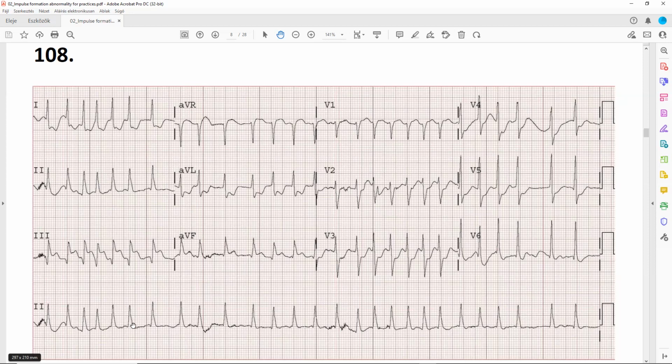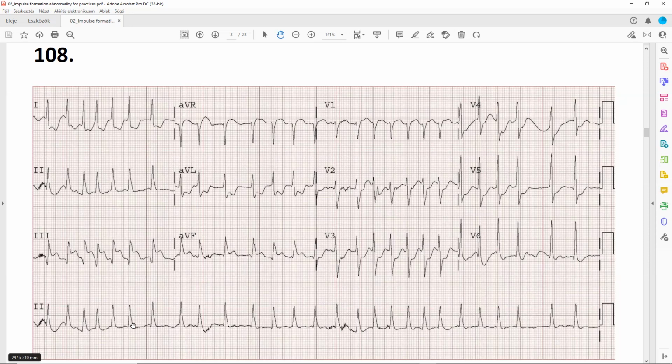Okay, let's see. Is this rhythmic or not? This is not rhythmic at all. Rate: I counted 6 seconds, and there are 16 QRS waves in 6 seconds, so it's 160. Very good.